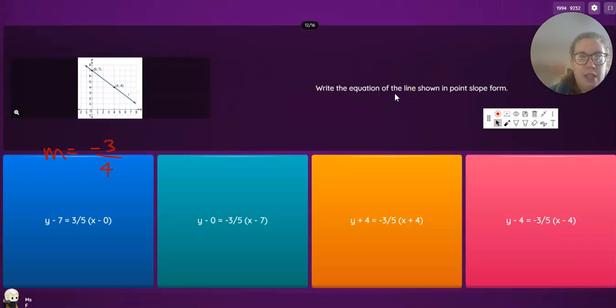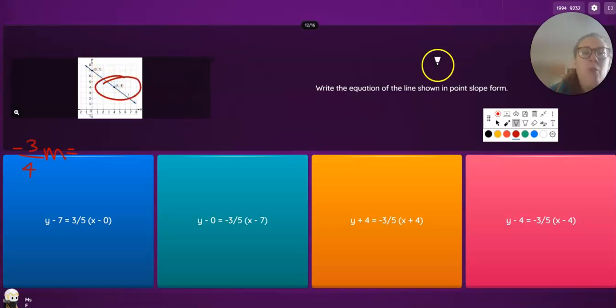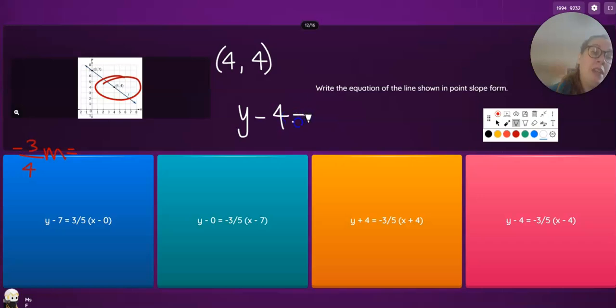Interesting. This is all wrong. Hold on, we have a typo on number 12. I'm going to fix this. It should be negative 3/4. Let's check the point that we're plugging in, which is 4, 4. So if we plug in 4, 4, they're both positive. So we're going to see y minus 4 equals negative 3/4 times x minus 4.